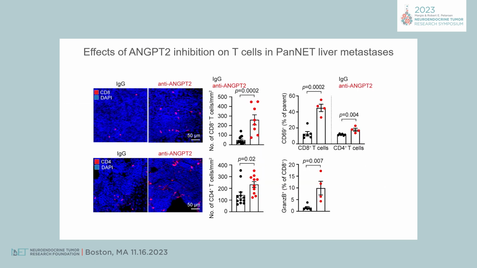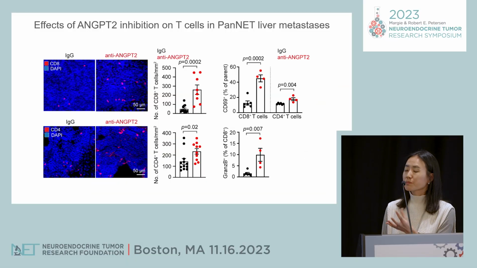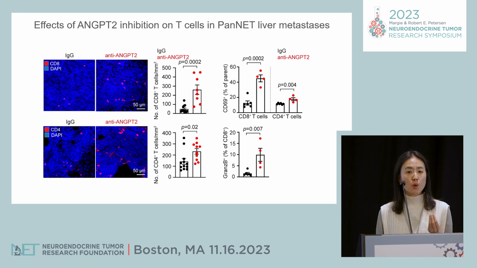Recent studies have shown that improved vascular function is important for immune cell infiltration into tumors and for improving immune suppression. So we wondered whether angiopoietin 2 inhibition and improved vascular function can affect T cell density and function as well.